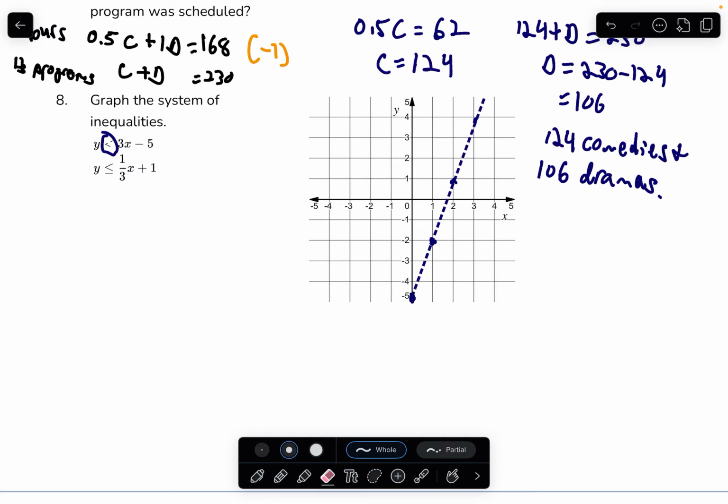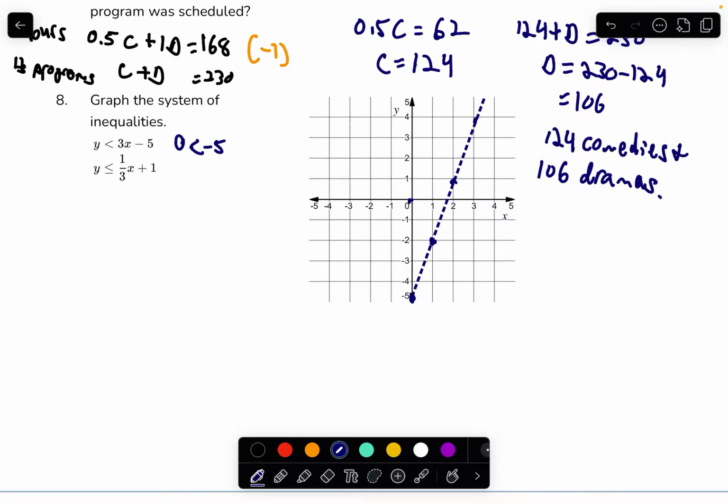But we're not done. Once we graph the boundary, we have to know which side to shade. I got into choosing a point, but that seemed almost impossible for some students. You would choose a point like 0, 0 and check it, and you'd end up with 0 is less than negative 5.